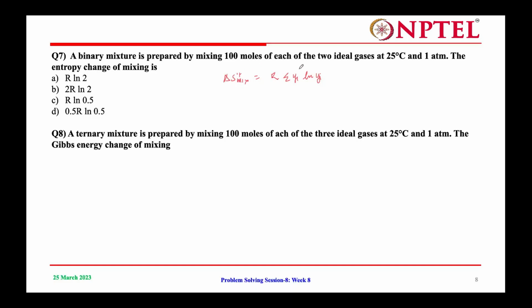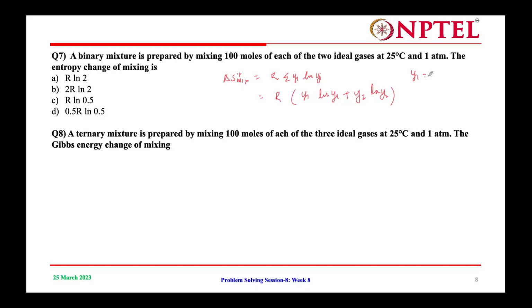But here, as it is binary, and each is 100 moles, it is y1 ln y1 plus y2 ln y2, right.